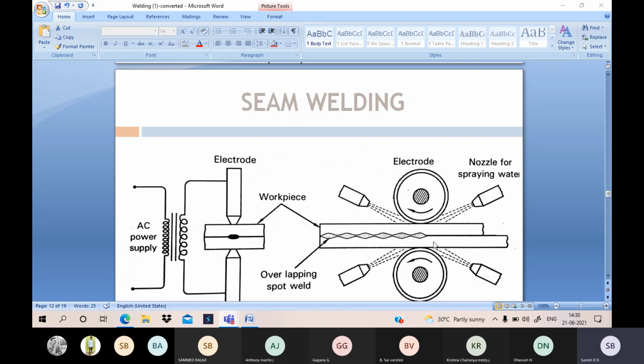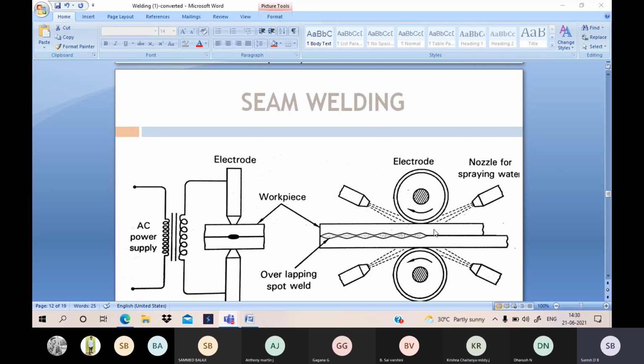Due to this particular condition, both the pieces are joined with each other because of external force or external pressure. This type of welding is called seam welding.